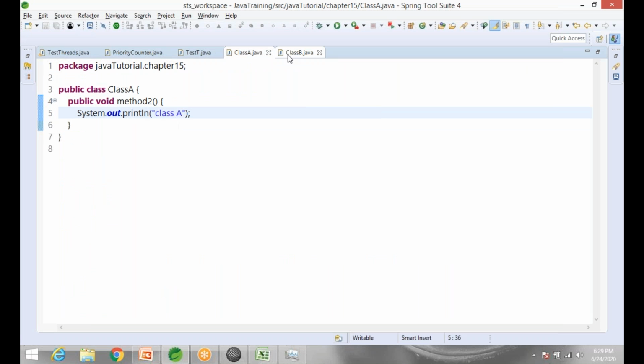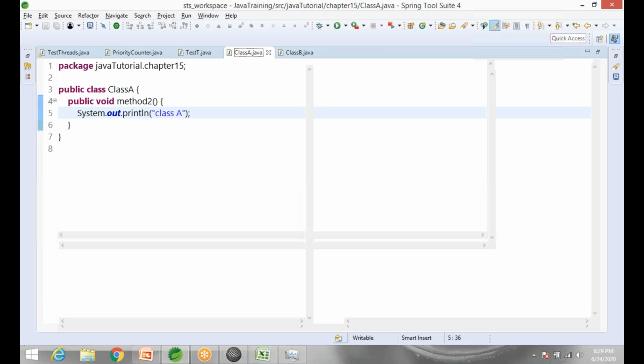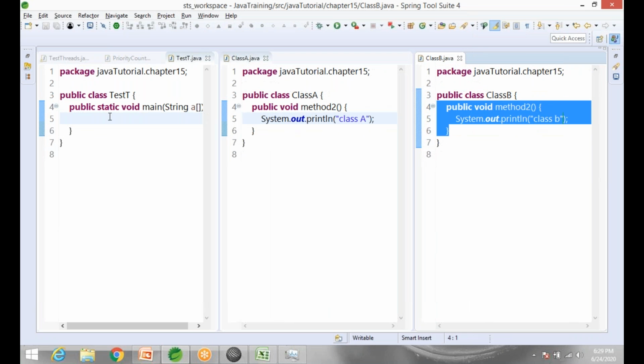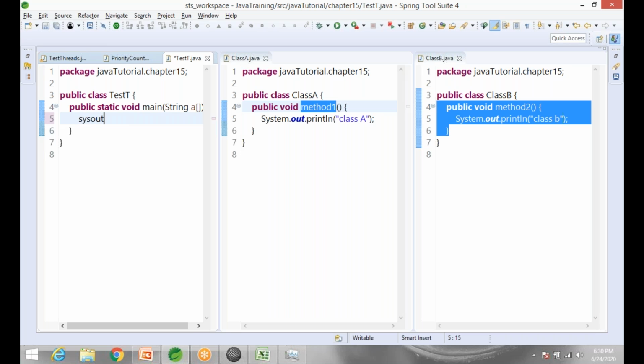So I have 3 classes here. Class A and class B. Now, if you want to call method 1 from here, what would you do? How do we call method 1 from here, line number 6? Anyone?